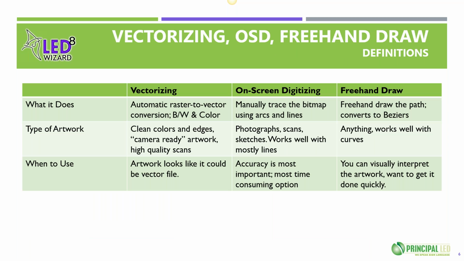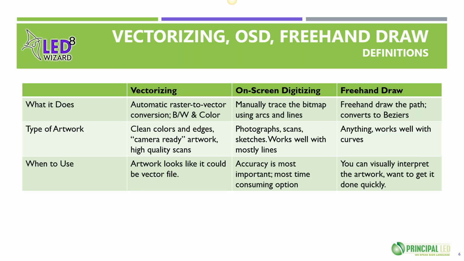Okay, so let's start with a few definitions, just to explain what these three things are and how they're similar and how they're different. Vectorizing is a technology that has been around for a long time. Vectorizing was part of our early versions of SignWizard, 25 plus years ago. It's a pretty well-traveled path now, and it is the kind of technology that is also in other software that you probably have.